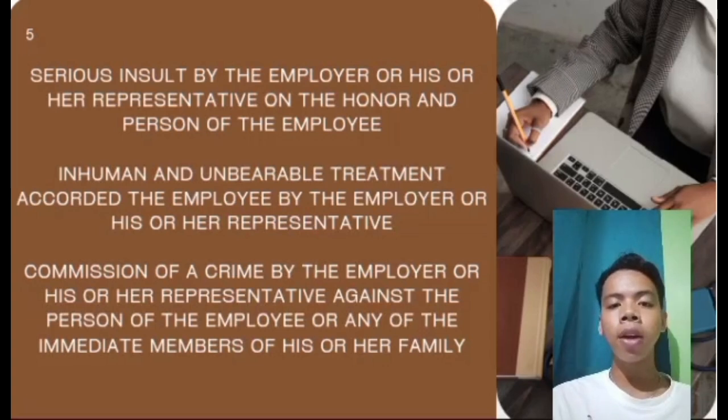So, the legal basis: Article 285 of the Labor Code allows immediate resignation without notice for insult that renders continued employment intolerable. Next, inhumane and unbearable treatment by the employer or his or her representative.